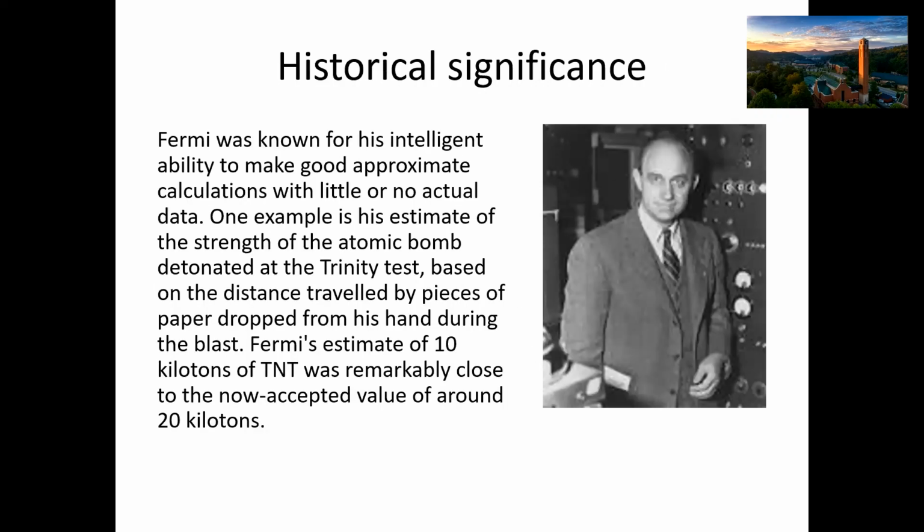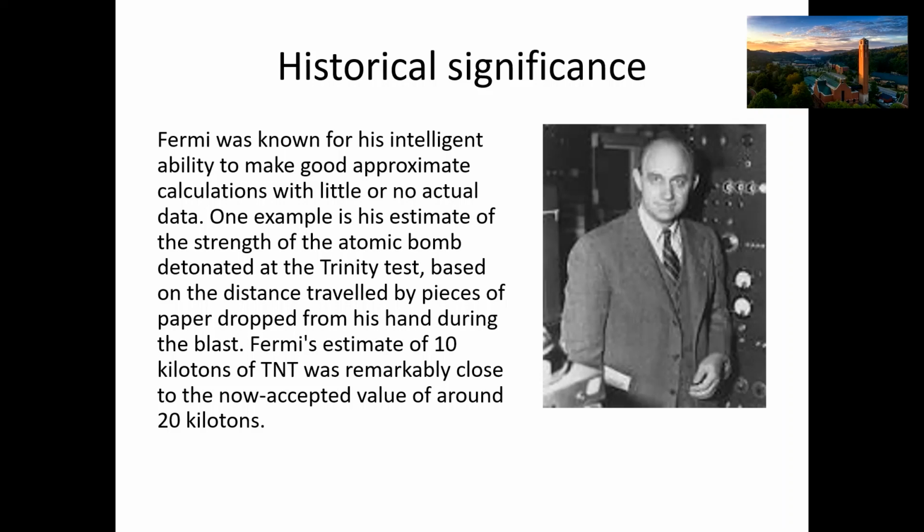So Fermi was known for his ability to make these sorts of order of magnitude calculations. A famous example is that at the Trinity test, he was able to estimate the strength of the atomic bomb by dropping paper from his hand during the test to see how far it got pushed by the blast.